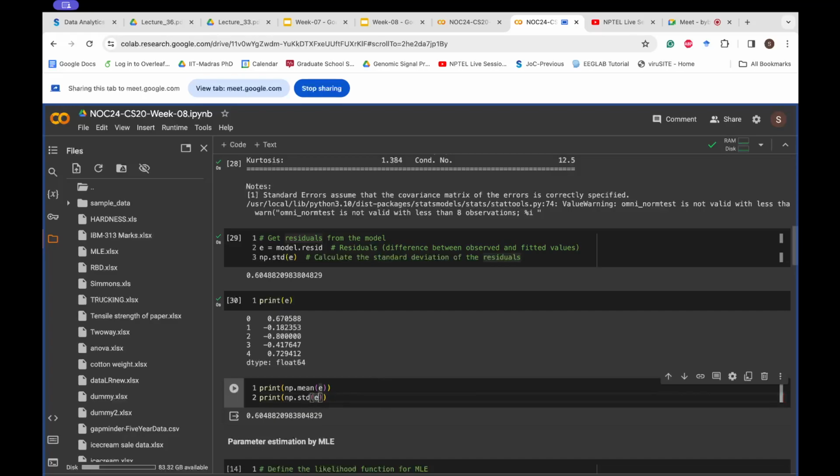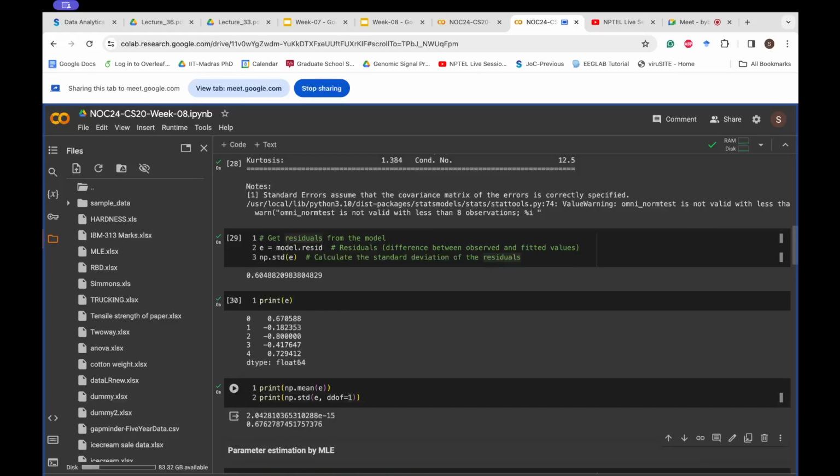Ideally we should be passing this parameter over here to compute the sample standard deviation, but we are just considering it as population data. We are passing no parameter to the particular function. If you don't pass that, it will assume that it is population data and estimate mu.